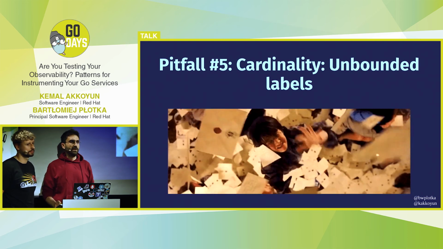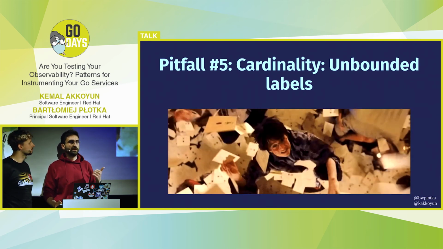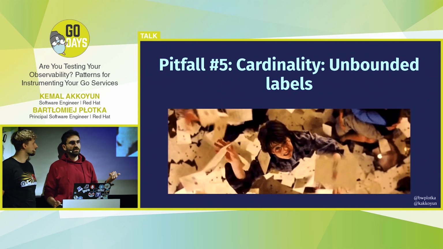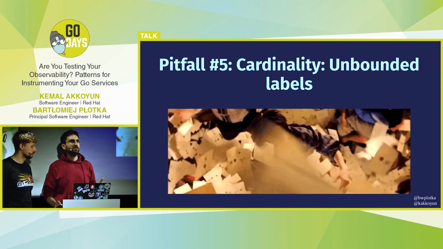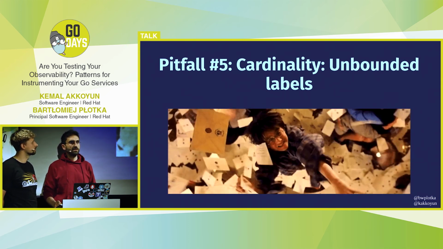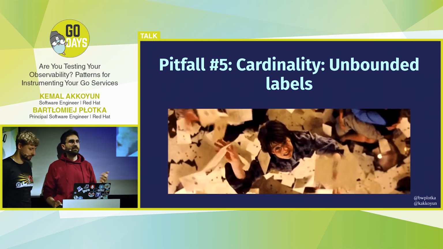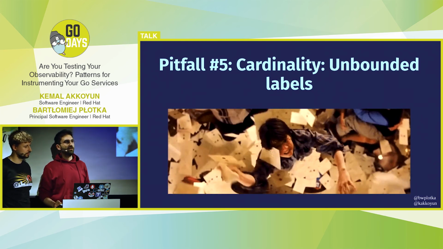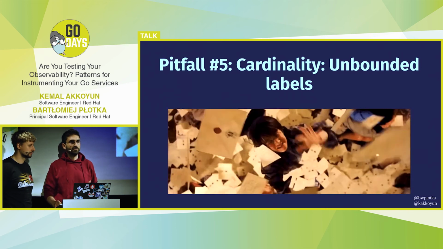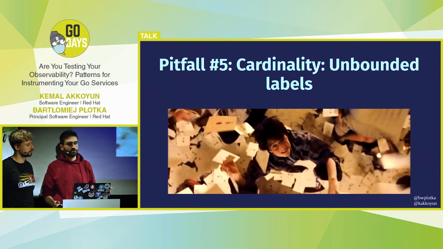So let's give an example. We already gave an example about HTTP request total. We have a label in there. We put HTTP method in it. And if we have just get and post methods, that means we have 2 time series. Cardinality is 2. But when we add another one, it will be 3.